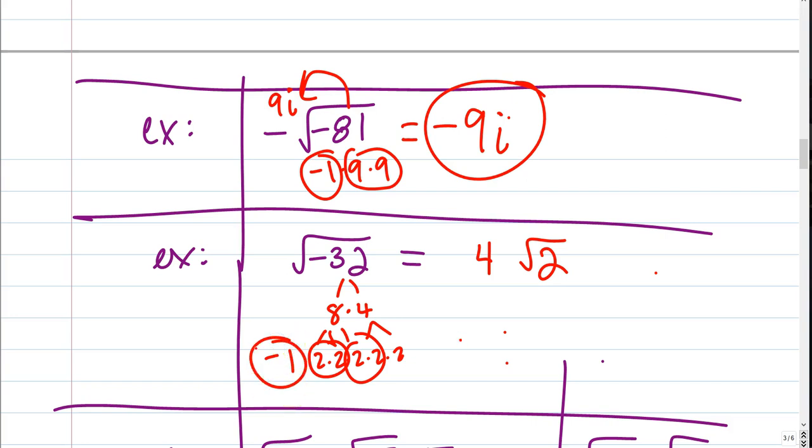What comes out? Do not put the i at the end. First of all, it looks like it's in the radical when it's not. Second of all, it is basically being brought out, so we put it up in the front. Okay? So be careful. If you put it at the end and it looks like it's in the radical, you may lose some points for that. Technically, it's not wrong as long as it comes out, but we put it in front. It's 4 times i times root 2.